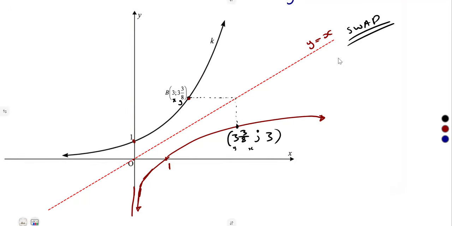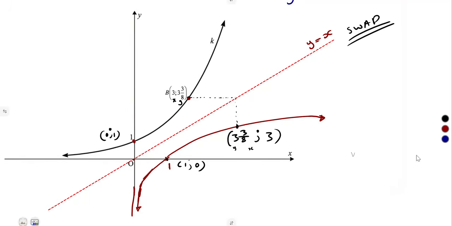If it is line y is equal to minus x, you swap, then you change both signs. But y is equal to x, you just swap. No change of signs. So this is the condition. Here it was 0, 1. So you swap them. Here it is now 1, 0. Just like that. So this is how you transform your points along the line y is equal to x.